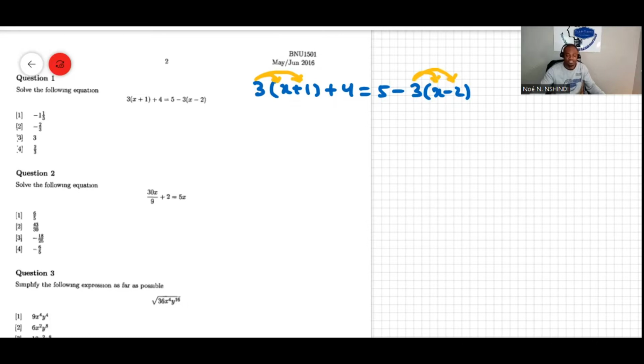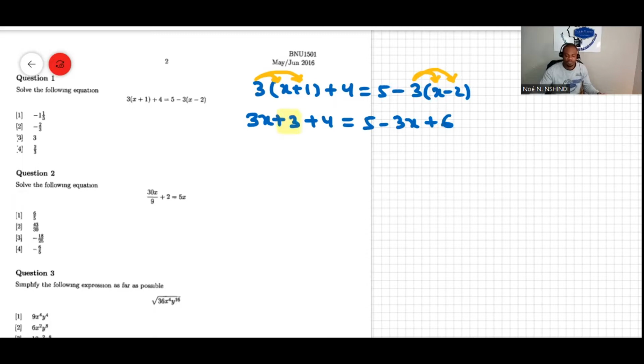Then 3 times x makes 3x. 3 times 1 makes 3, plus 4 equal to 5 minus 3x plus 6. Careful here, not minus 6, but plus 6, because whenever we multiply by the negative, negative times negative makes positive.